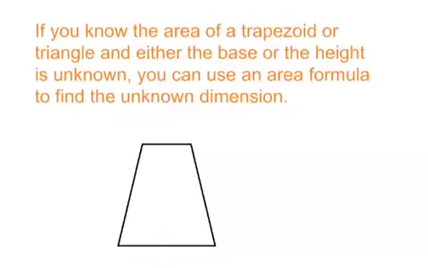If you know the area of the trapezoid or triangle and either the base or the height is unknown, you can use an area formula to find the unknown dimension. So you're kind of going to break it down like an algebraic equation.